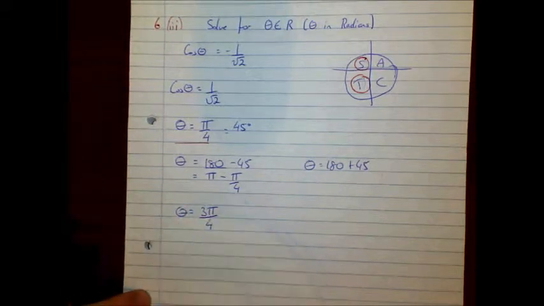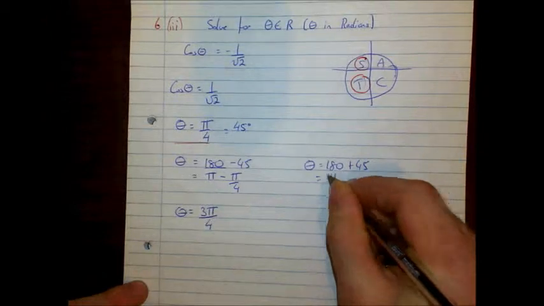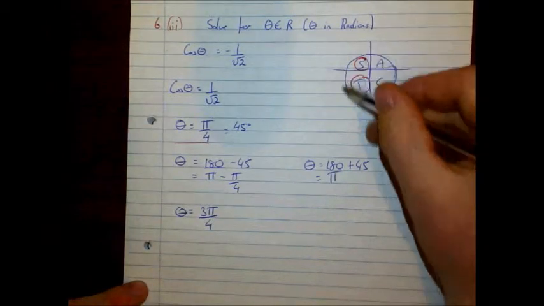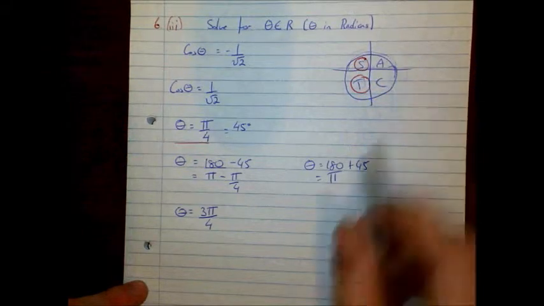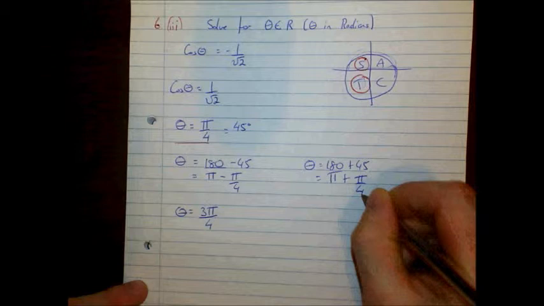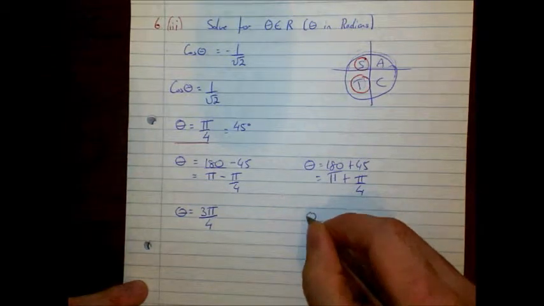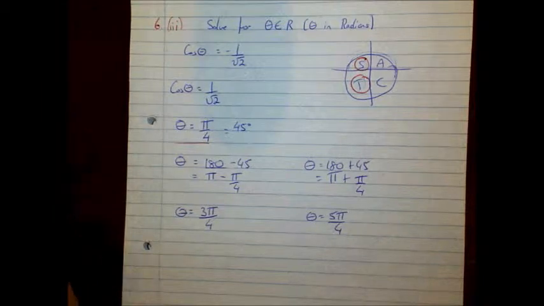And on this side, it's equal to 180, which is pi radians. Remember, a full revolution is 2 pi radians. So 180 is just 1 pi plus pi over 4, so theta here is equal to 5 pi over 4. Normally now, I would finish it off.